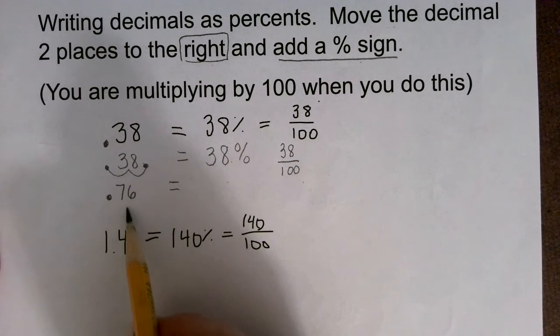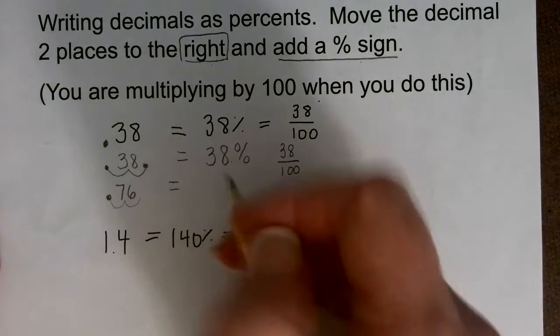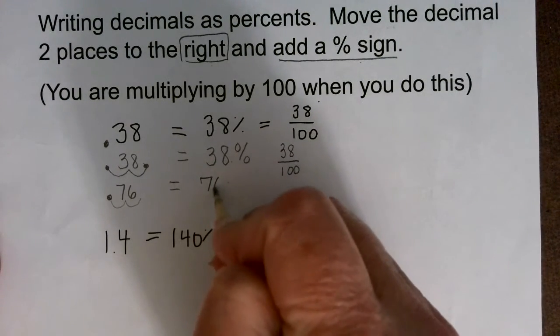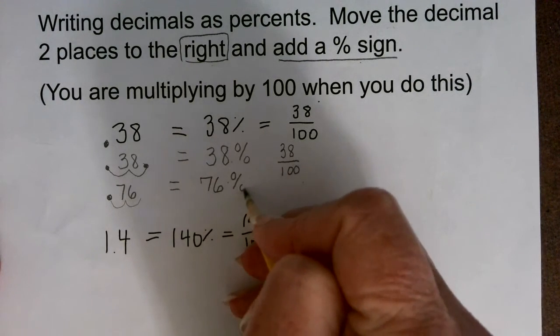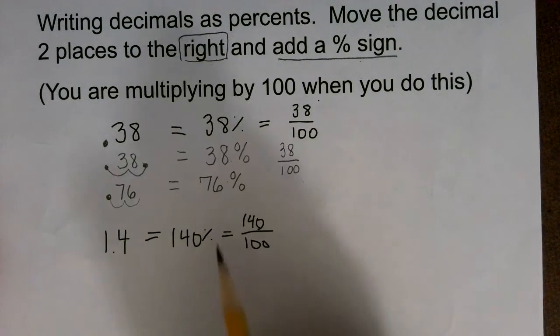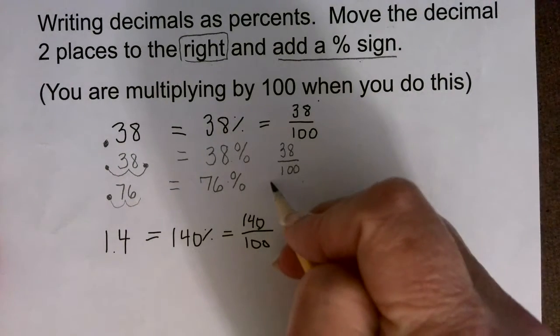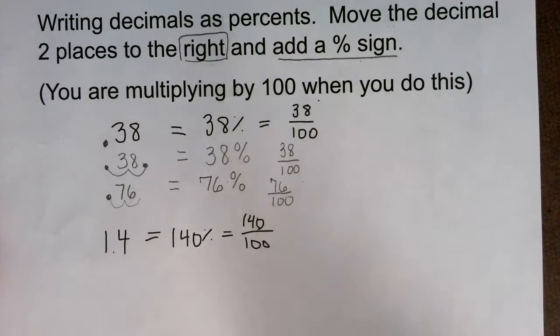We're going to take that decimal point and move it 2 places to the right so that it's after the 6. So we have 76, and you could put the decimal point there, but we usually don't. And then I'm going to add my percent sign. And then 76% means 76 out of 100.